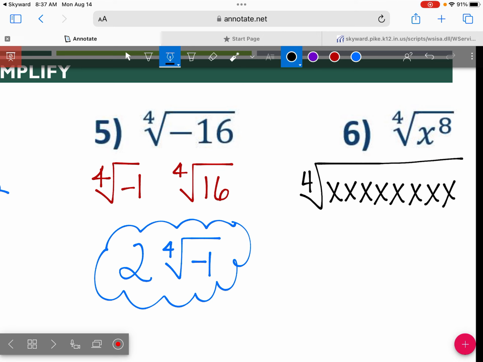You have the fourth root of 8 x's. And we have to make groups of 4. So I have one group of 4, and I have another group of 4. So with 8 people, I can make 2 groups of 4 with no one left over, which is why it simplifies to x to the power of 2.